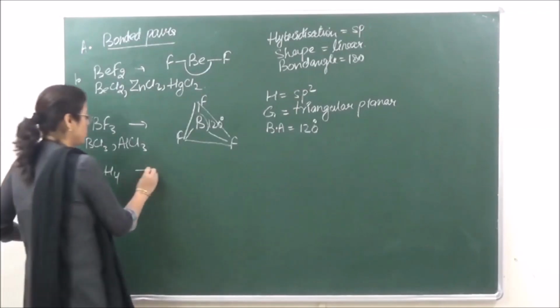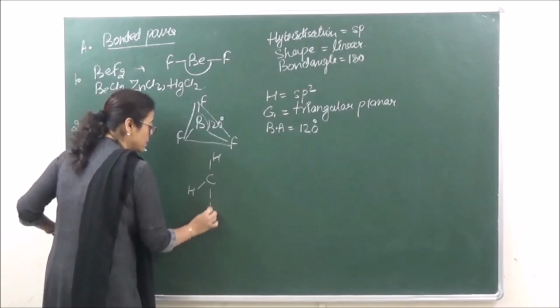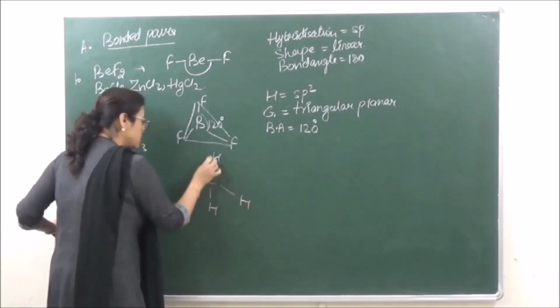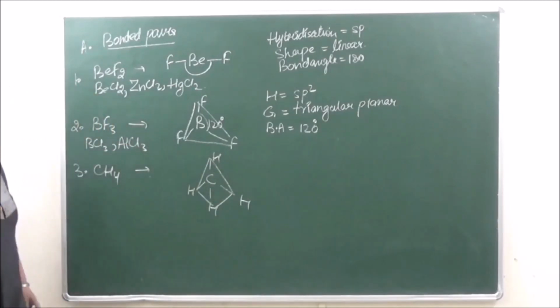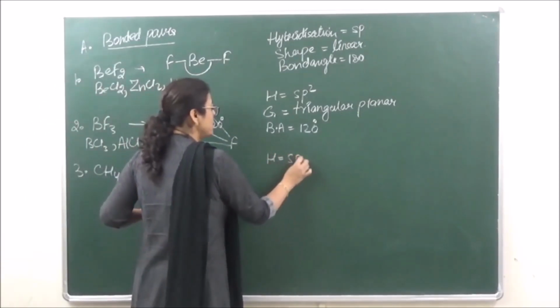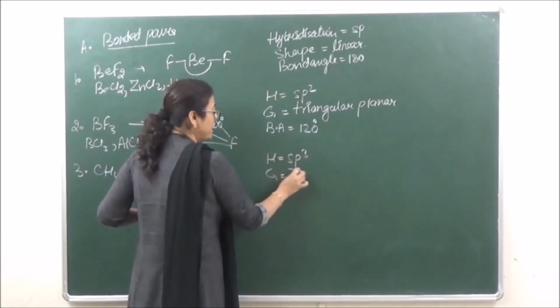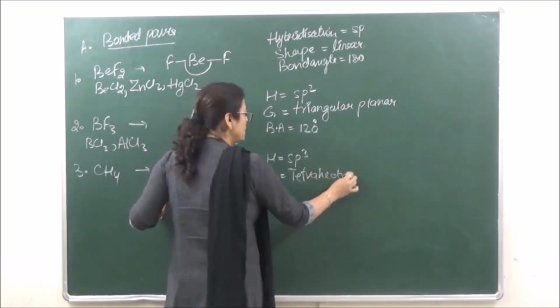Then we have the third type, CH4. This is CH4. Hybridization in this case is going to be sp3. Geometry is tetrahedral.